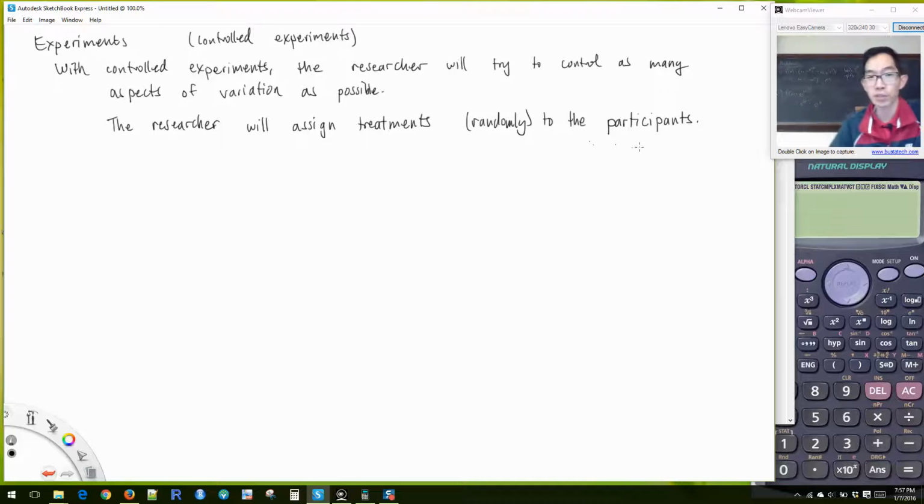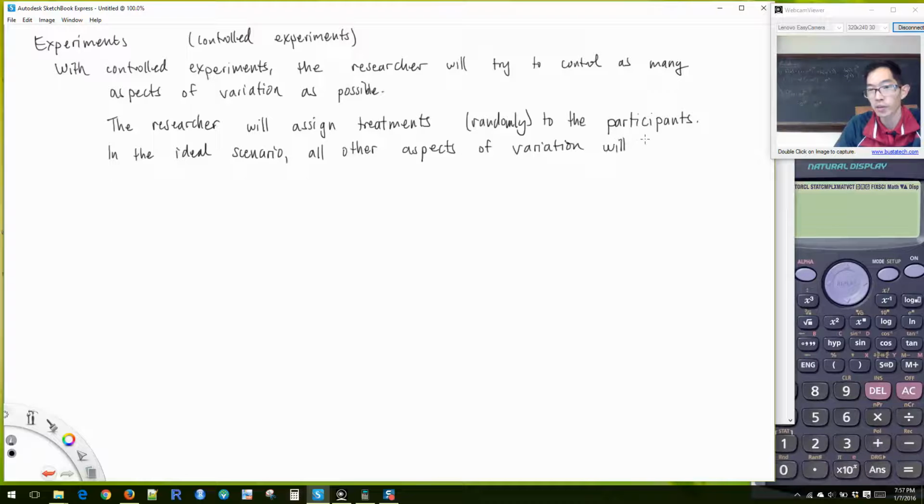So the researcher will assign treatments to the participants, and in the ideal scenario, all other aspects of variation will be made identical for all participants.